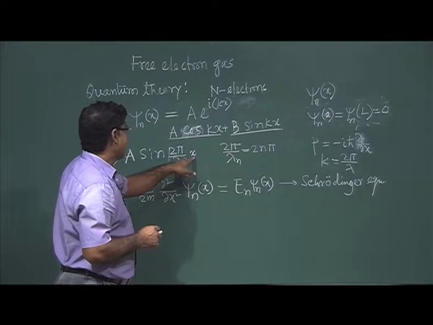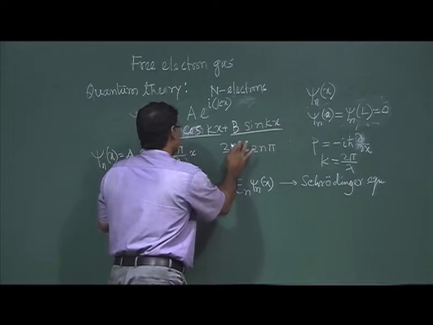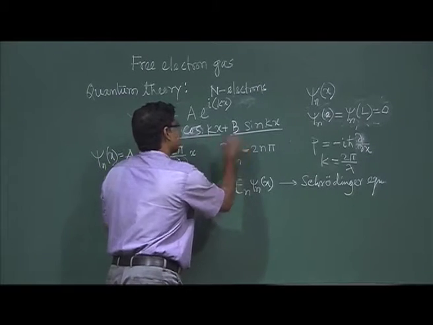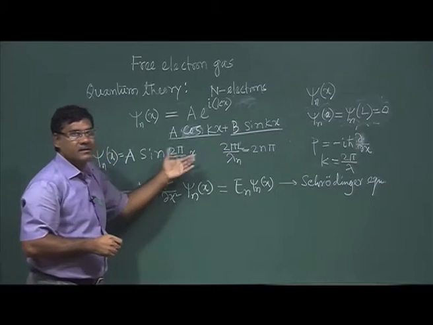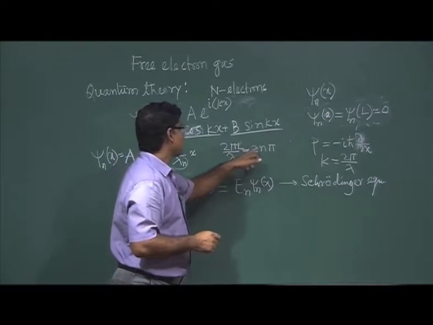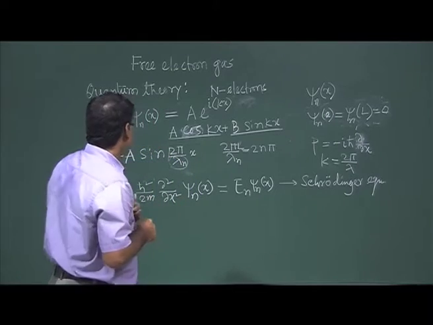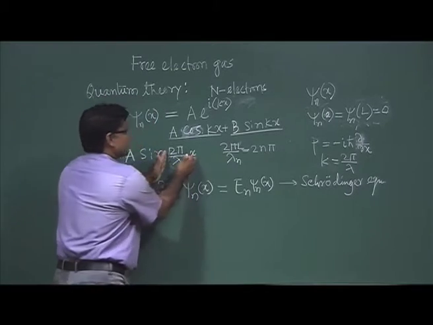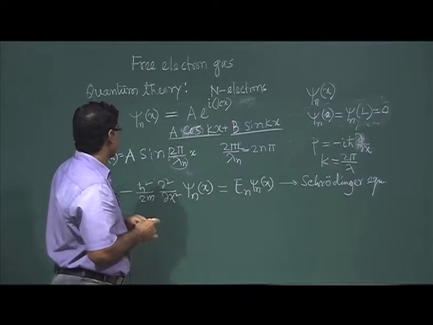When I put L, at L it has to vanish, right. So 2 pi L by lambda n should equal 2 n pi. If it is this form, then it will satisfy both conditions.